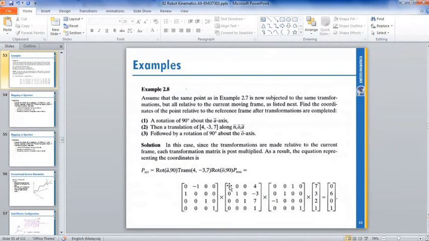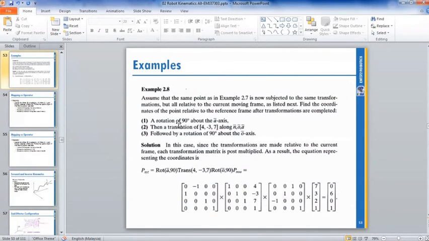When you want to define the position of your gripper, you have what we call transformation. For example, like this one.